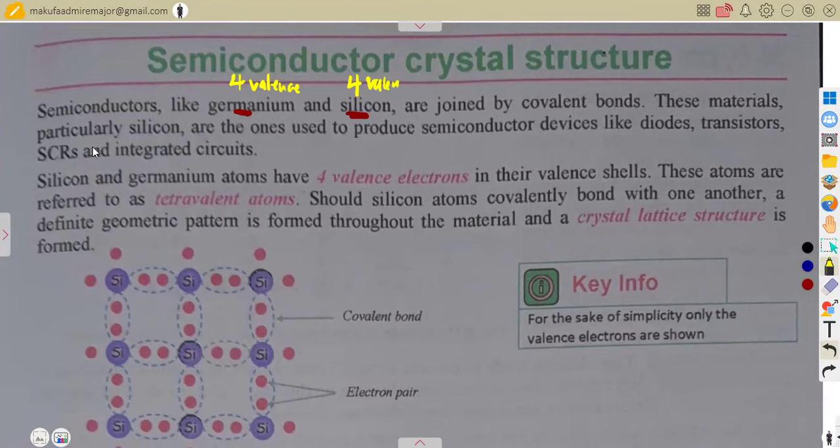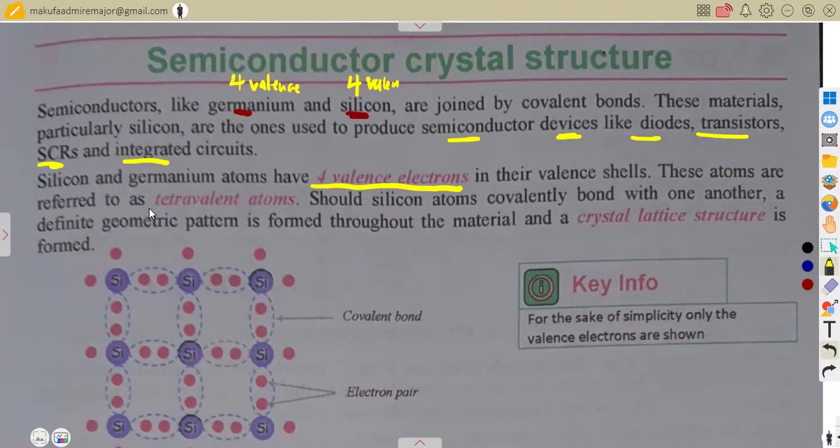These materials, particularly silicon, are the ones used to produce semiconductor devices like diodes, transistors, silicon controlled rectifiers and integrated circuits. Silicon and germanium atoms have 4 valence electrons in their valence shells, which is what I was indicating there. These atoms are referred to as tetravalent atoms.